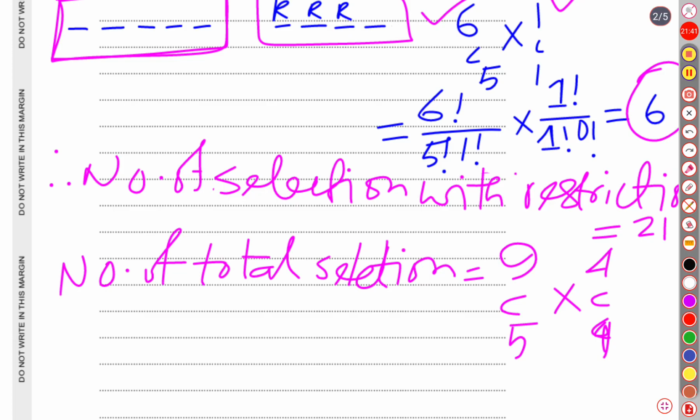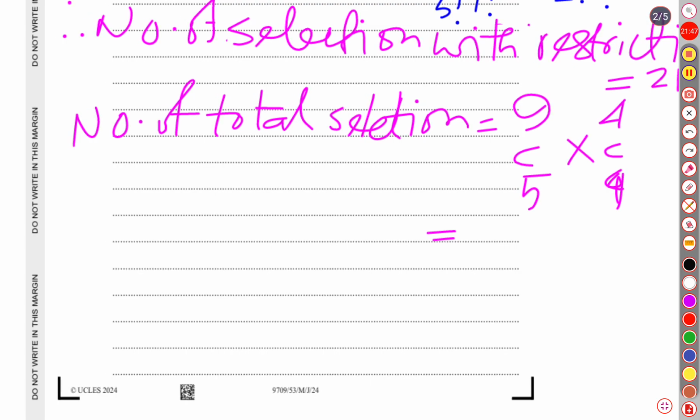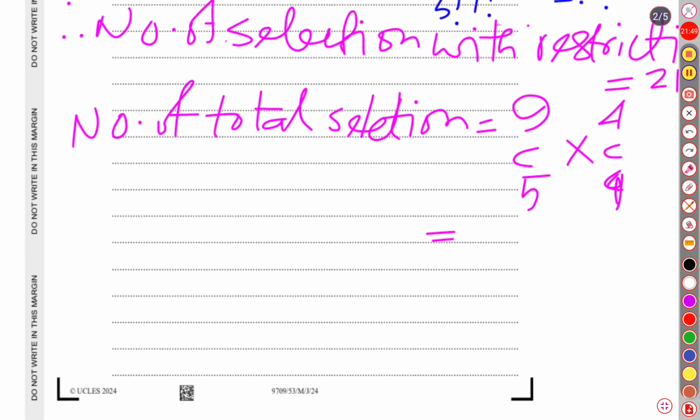So what is it going to be? I think I can write just below this. 9 choose 5 means 9 factorial over 4 factorial times 5 factorial, times 4 choose 4, which is actually 1. I have already explained this in the previous part.